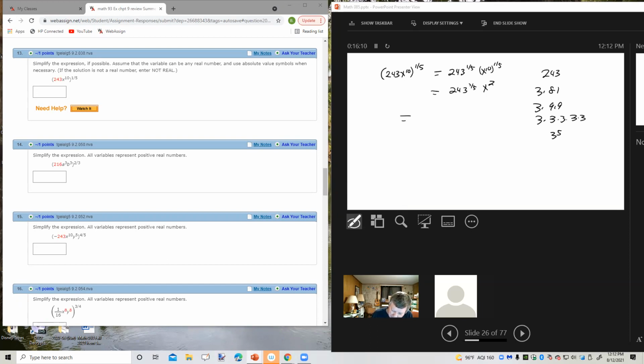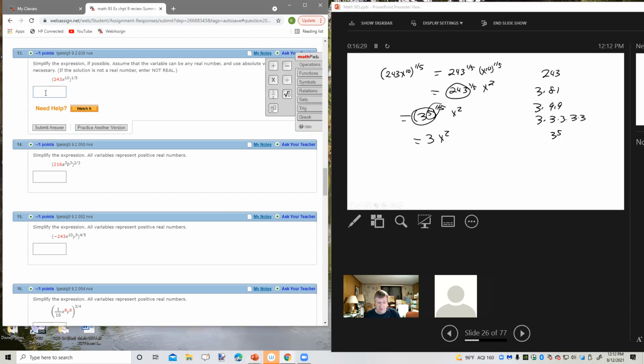So I've got 3 to the 5th power to the 1/5 power x squared. A power raised to a power, you multiply the exponents. What's 5 times 1/5? 1. So basically 3x squared.